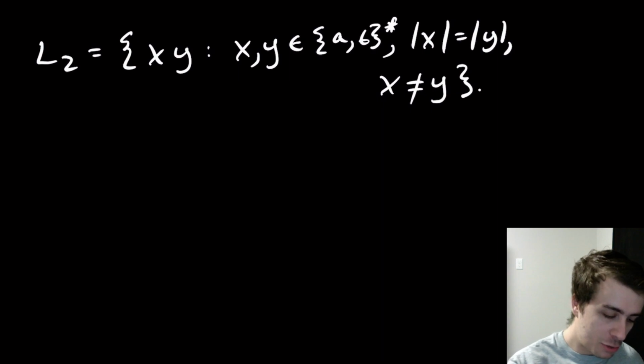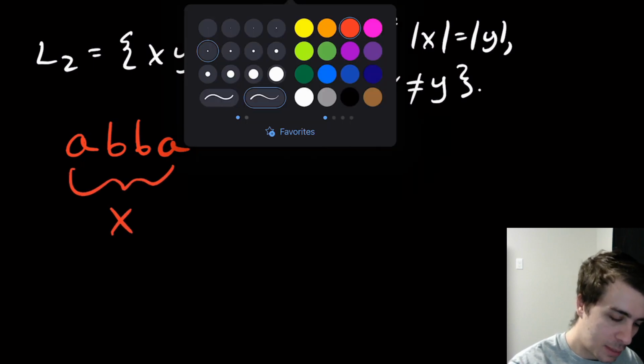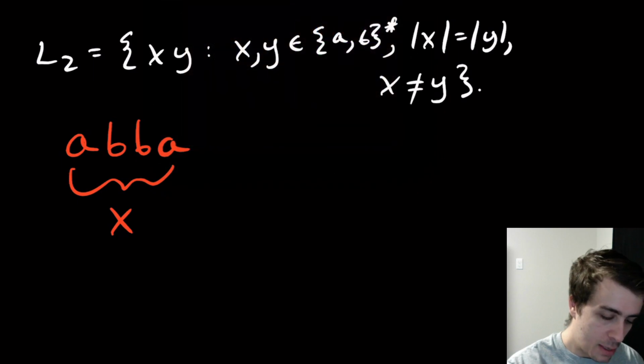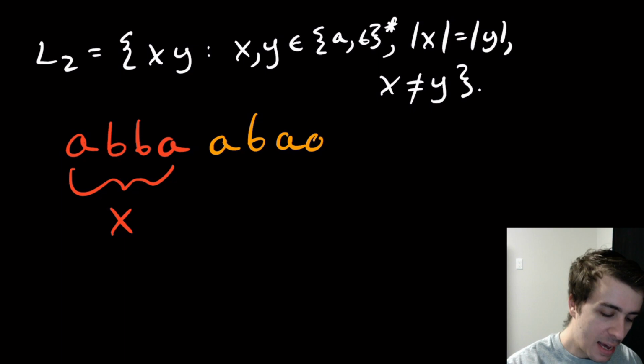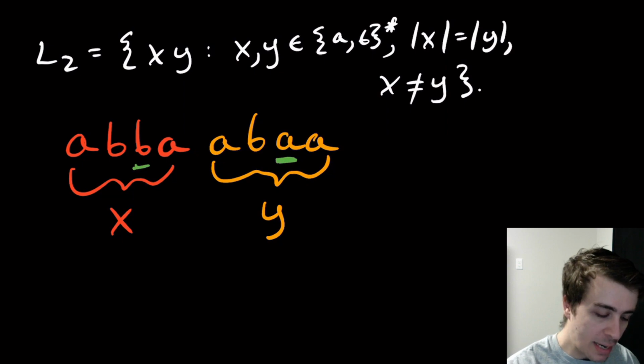So let's actually try to visualize it a little bit. Say we have A, B, B, A as the X part, and A, B, and A like this would be the Y part. Well, notice that they only differ in one character.